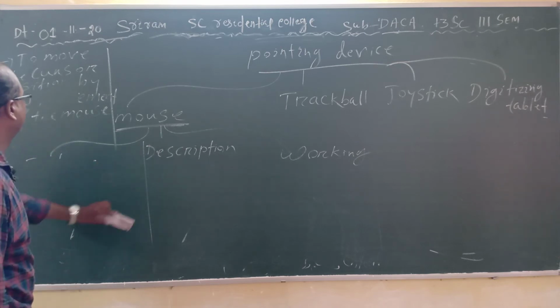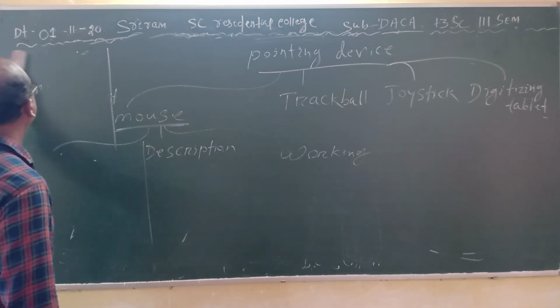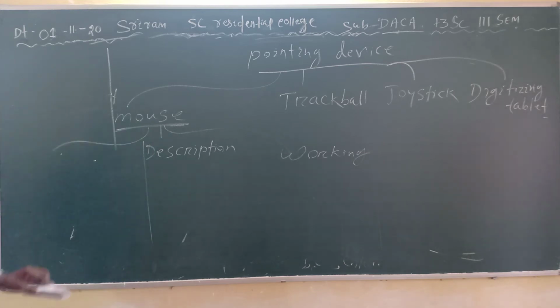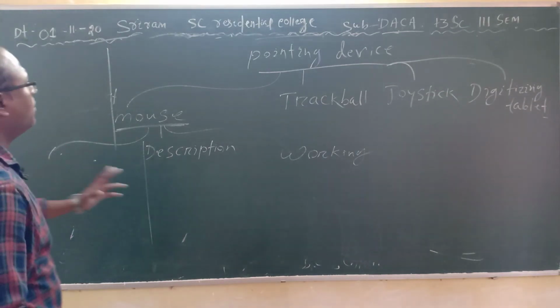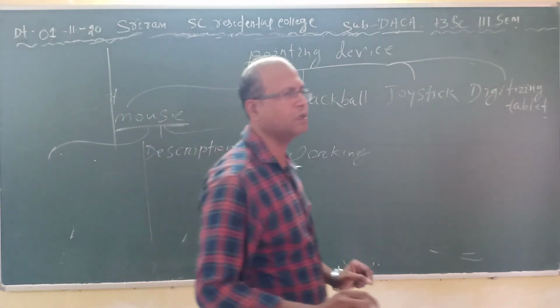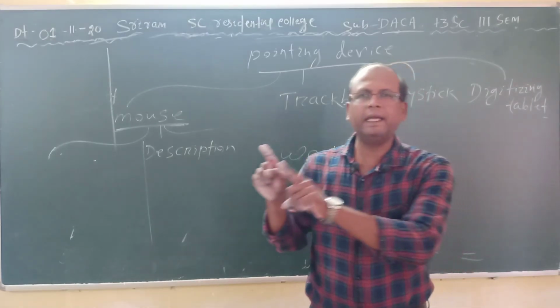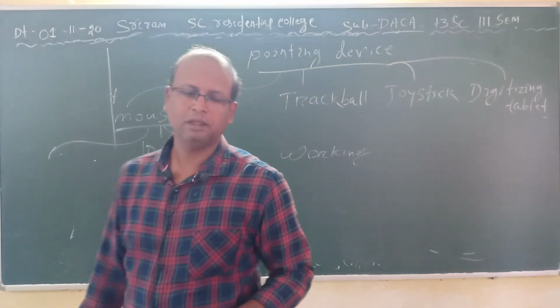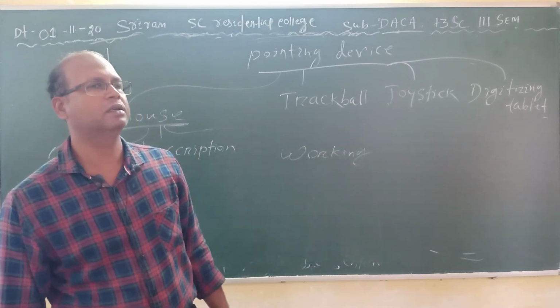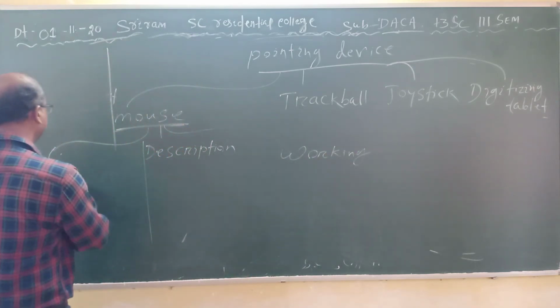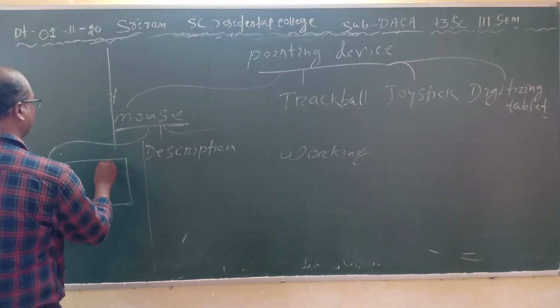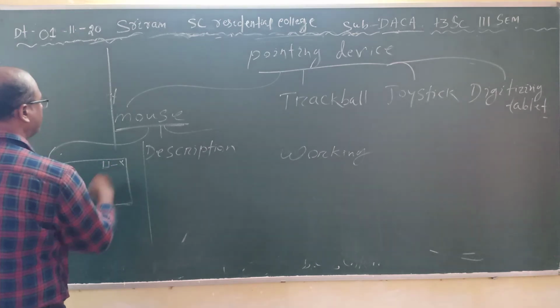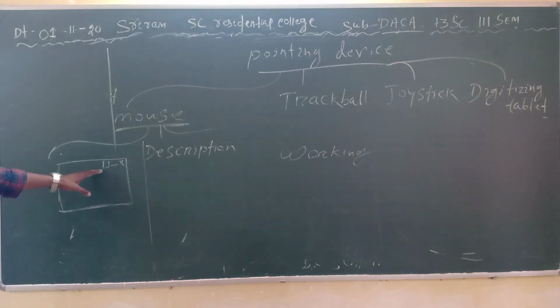Further, in the features category, we will discuss cursor movement. Using the cursor, we can indicate a particular point on the screen. For example, on a screen like this, you can find symbols on the top right corner of the screen.